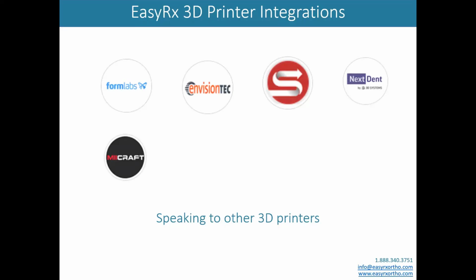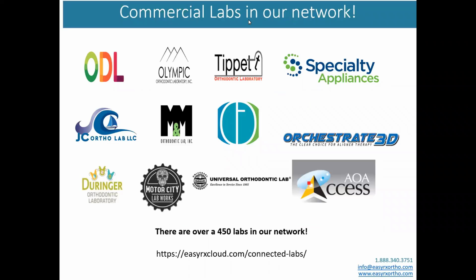It's just that we don't have a direct integration. So you can totally use EasyRx and be able to get the STLs to your printer nonetheless. On the lab side, we work with any commercial lab really, and we're happy to say that we have 450 plus commercial labs that we currently work with.